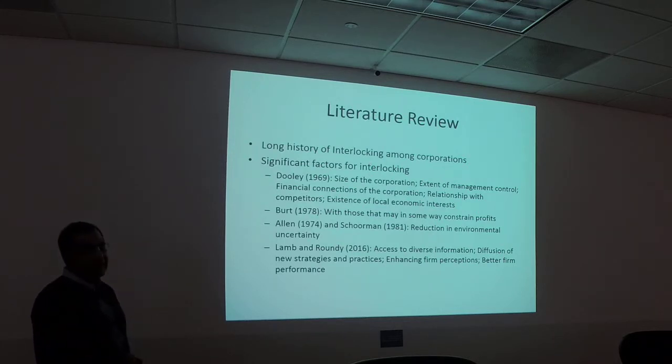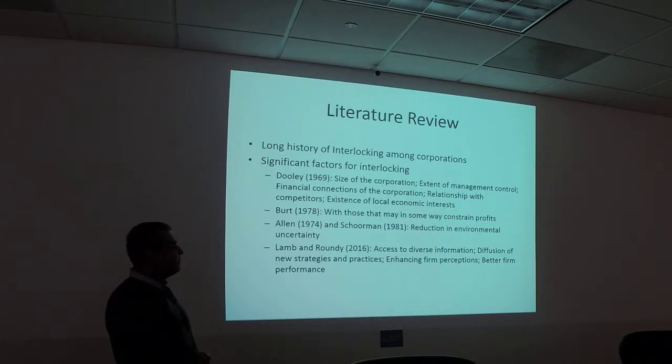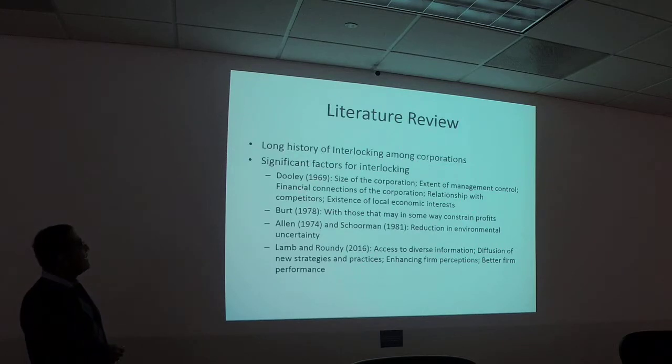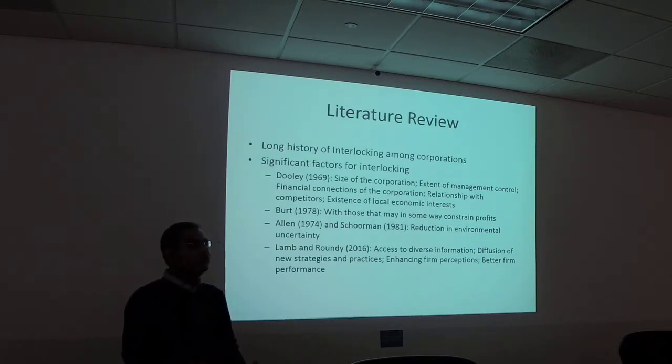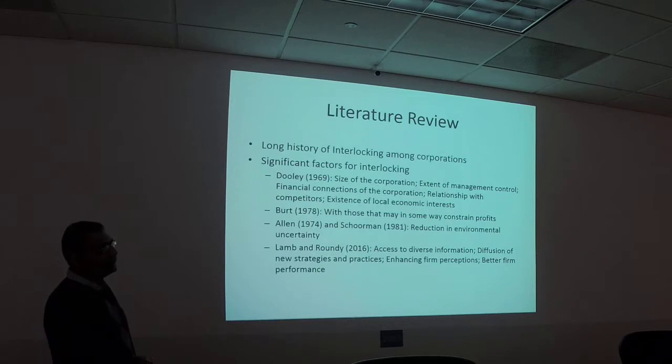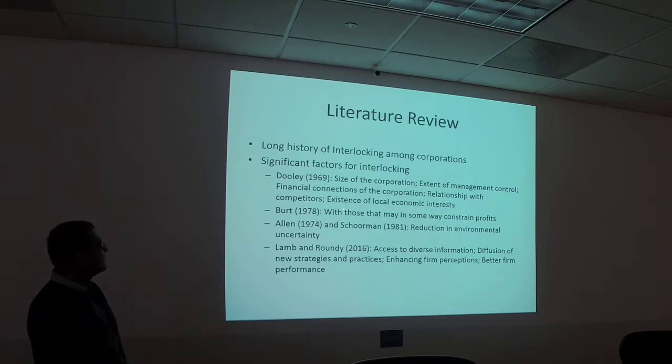Interlocking has occurred among companies for a long time. Back in '69, Dooley talks about why interlocking happens: size of the corporation, extent of management control, financial connections, like if you have a large loan from a bank, maybe you invite one of their officers to become a director, relationships with competitors, and other economic interests.